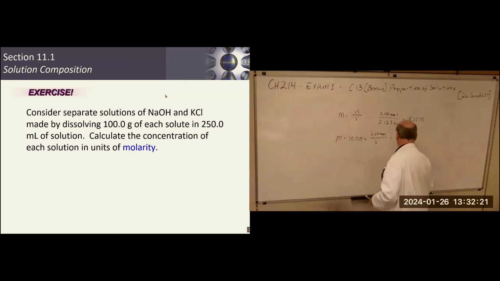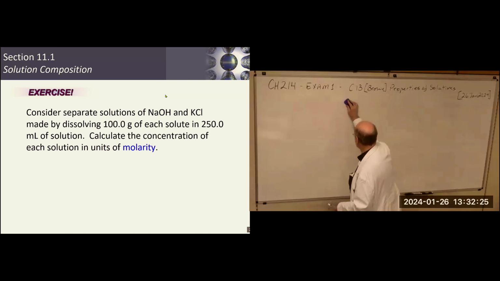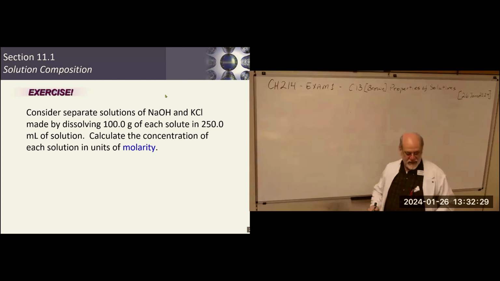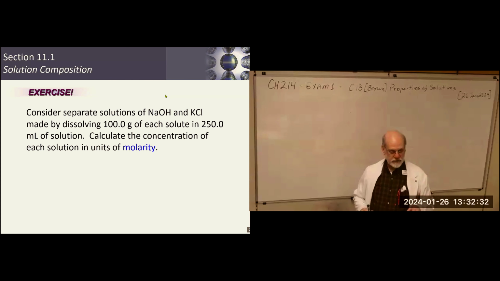All right. Another one. It's more and more complex. So we've got two solutions, and the point of this exercise is to emphasize the fact that mass depends upon the compound.